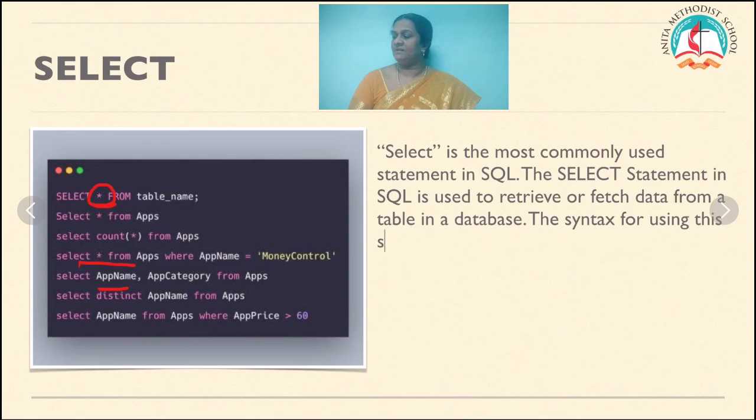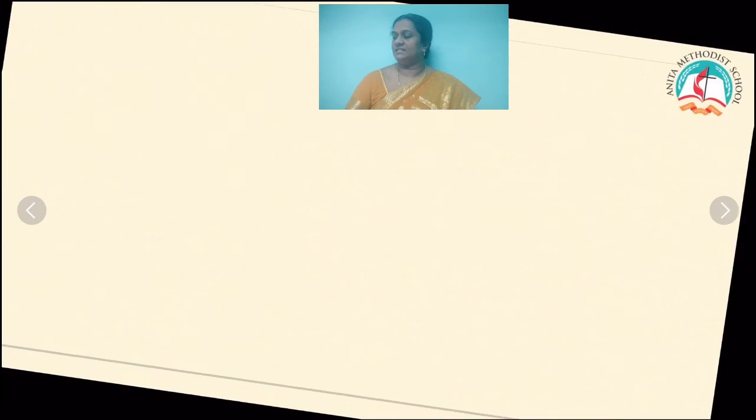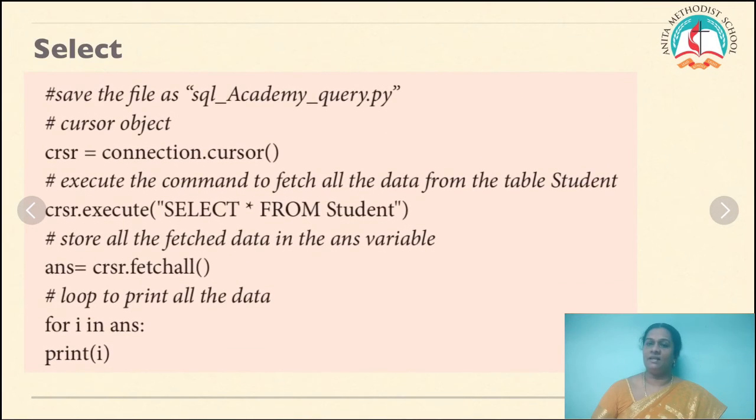The select statement in SQL is used to retrieve or fetch data from a table in a database. The syntax for using this statement is select asterisk from table name, and all the table data can be fetched in the form of a list. Correct. And now we are going to see about the select in detail.